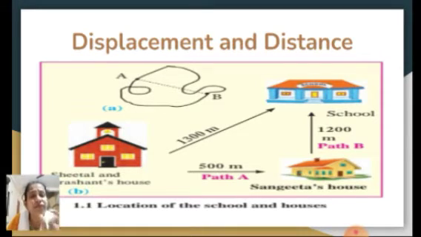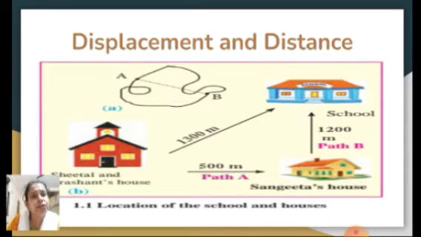Now if you carefully notice here, Sheetal first goes to Sangeeta's house, her friend's house, and then she goes to the school. So she travels path A and then path B. Path A is around 500 meters and path B from Sangeeta's house to school is 1200 meters.